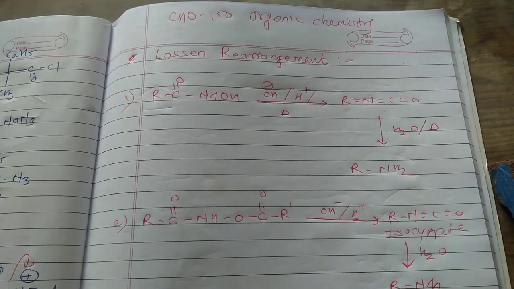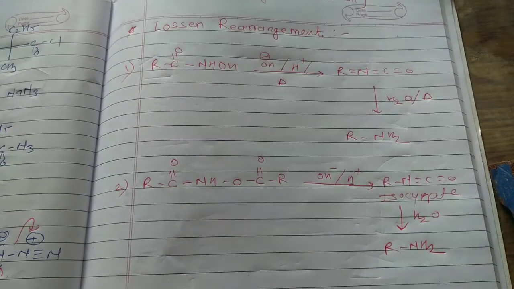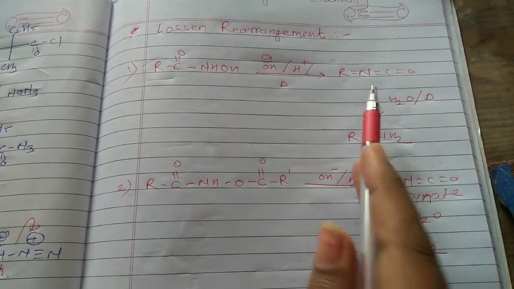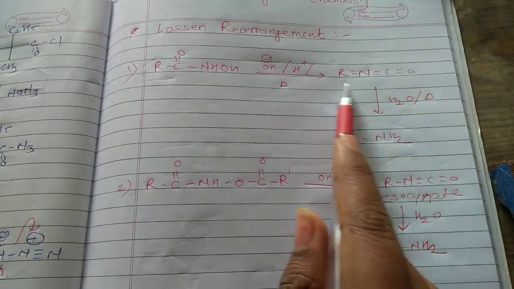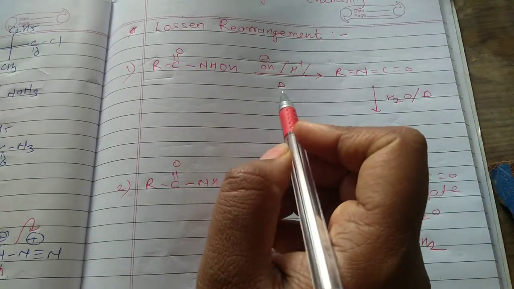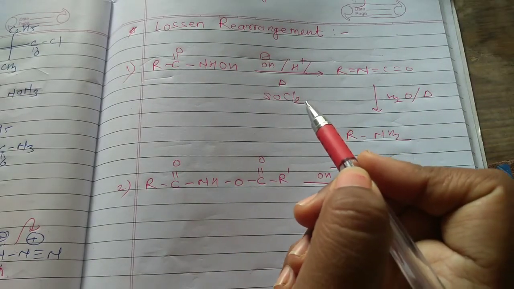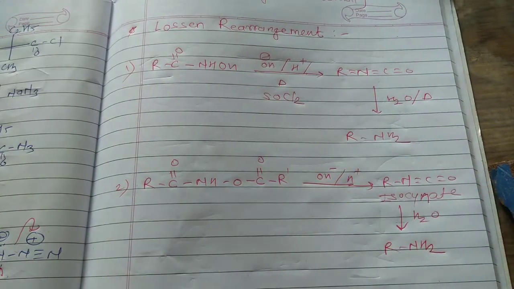Here this isocyanate can be isolated when the reaction is carried out in presence of SOCl2, that is thionyl chloride, or benzene.